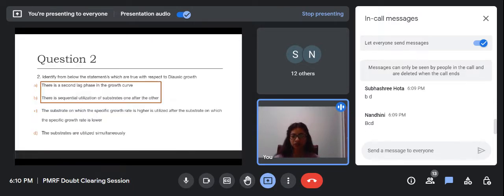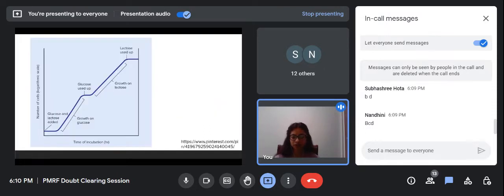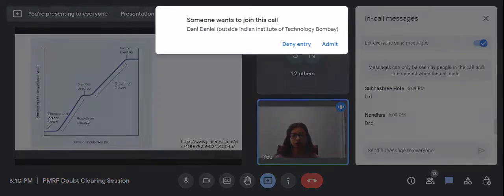And there is a sequential utilization of substrates one after the other. So the cells don't utilize glucose and lactose together. They will utilize glucose first, and when glucose gets finished in the medium, then they will move on to lactose, right?